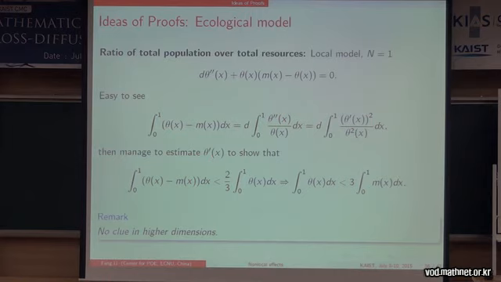And to show the right-hand side actually can be controlled by 2/3 of the total population, the computation strongly relies on the one-dimensional case. That's why we can only have this result for the one-dimensional case. We can have some pointwise estimates here. So there's no clue in higher dimensions.